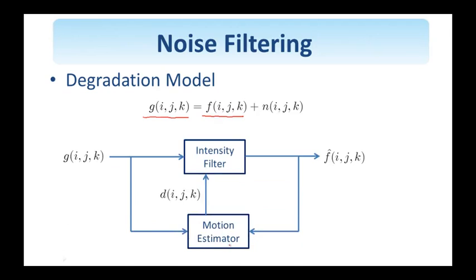For estimating the motion, down here, the noisy blurred frames can be used, coming from this direction, but also the noise-smoothed ones can be used, coming from the output here. So the past noise-smoothed frames can be used, and the current noisy frame can be used this way to estimate the motion which will be utilized by the intensity filter.